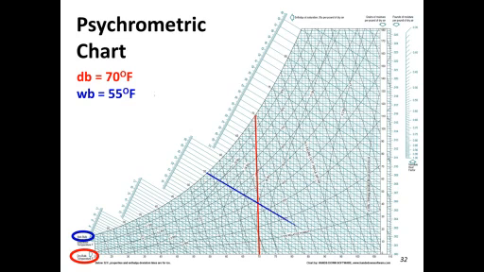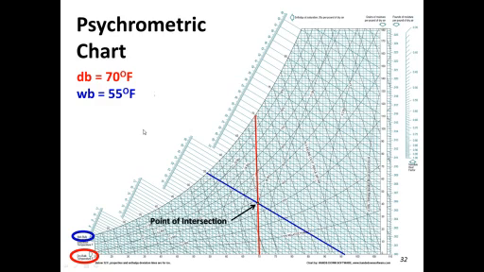And the wet bulb goes from 55 on the curve, that's the saturation curve, 55 degrees wet bulb, and it follows the diagonal line down to the x-axis. Well, what I've just determined, folks, is the point of intersection.